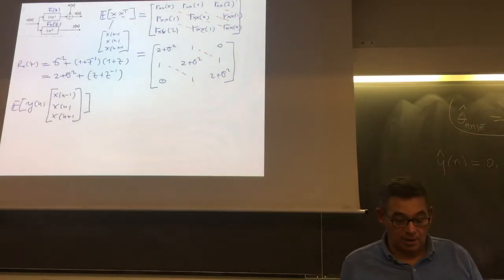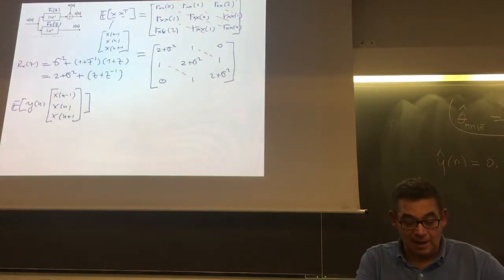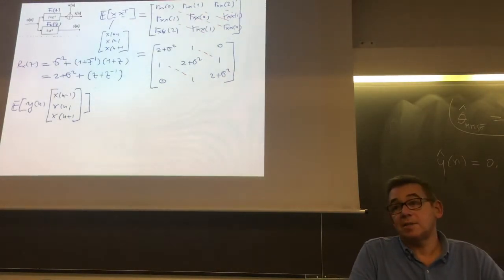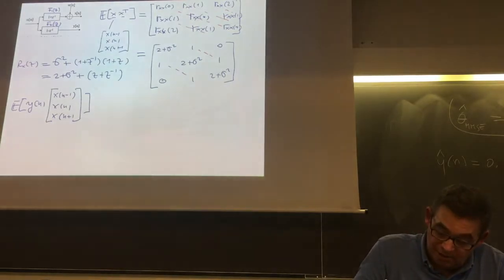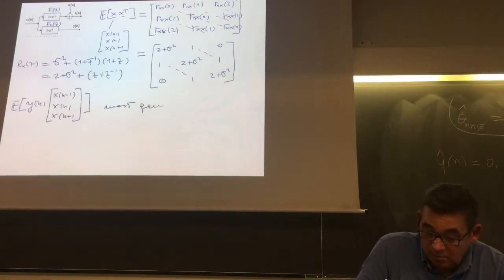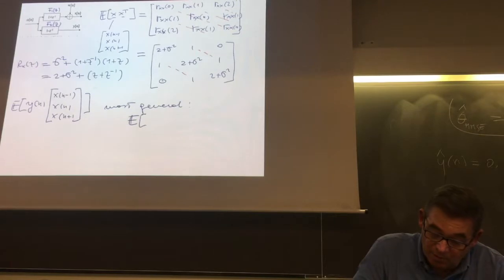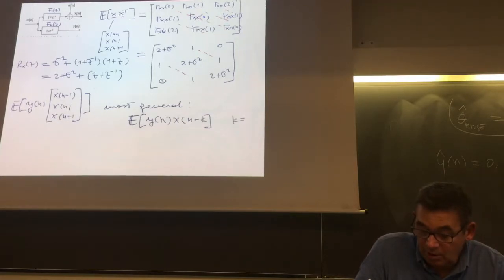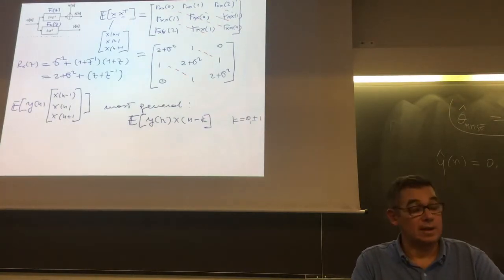So I need the expectation of y n x n minus k, where k equals 0, plus or minus 1. That's all I need.